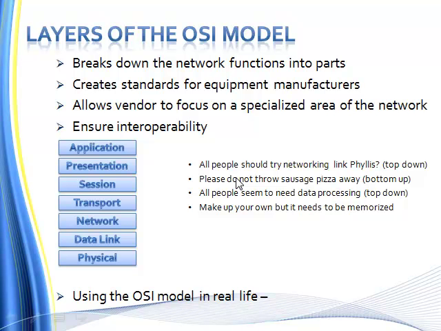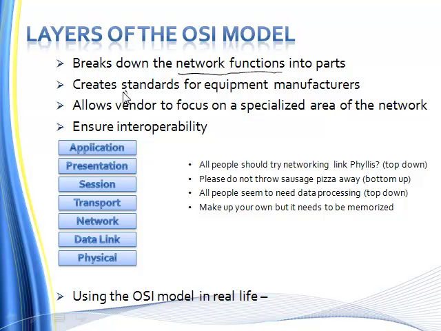So, the layers of the OSI model. Again, it's broken out into 7 layers so we can break up these network functions into pieces that are digestible, and that each network equipment manufacturer can focus on.